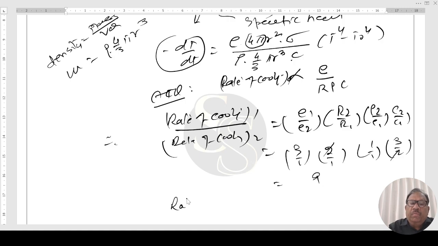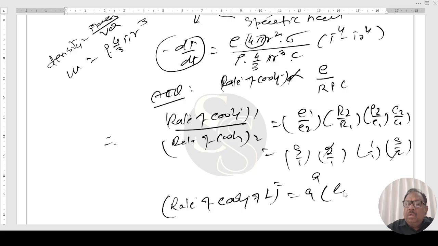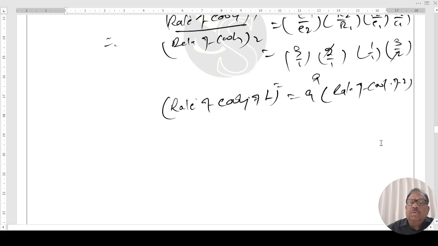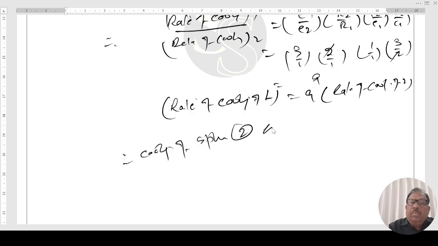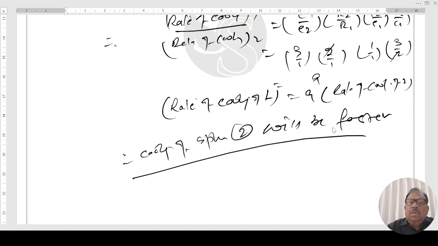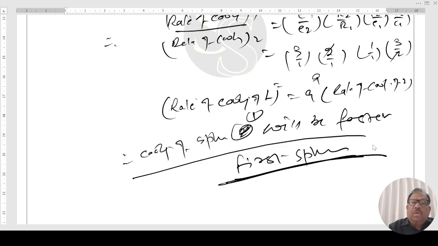The rate of cooling of 1 is 9 times the rate of cooling of 2. Means cooling of sphere 1, that is the first sphere, will be faster. Right. Next question.